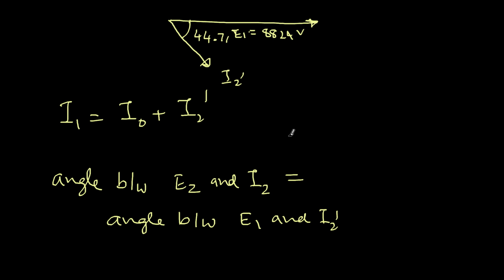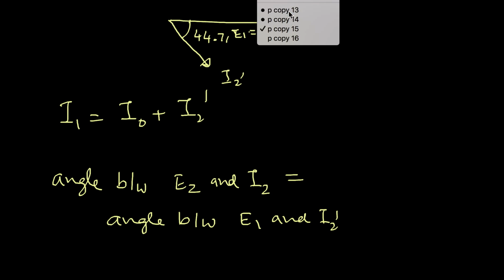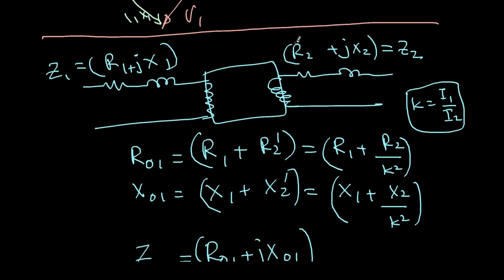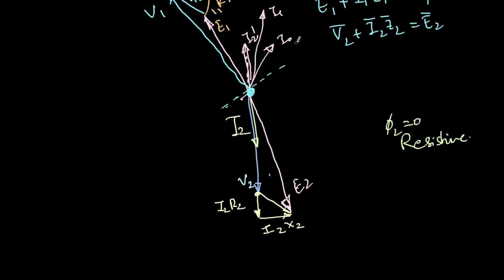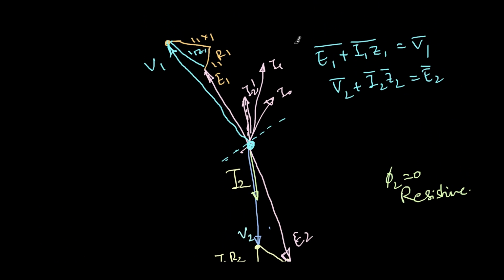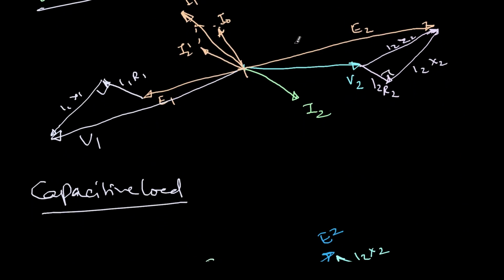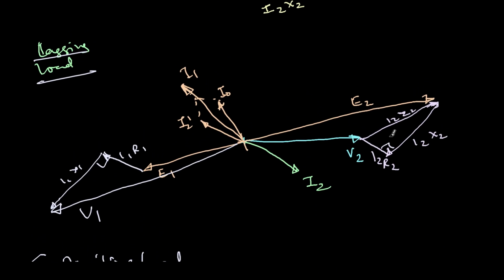Why it is like this? Again, we had painstakingly drawn the vector diagrams in the previous lecture. So to take any particular example, let's take this one. You see this angle, this is the angle between E2 and I2.